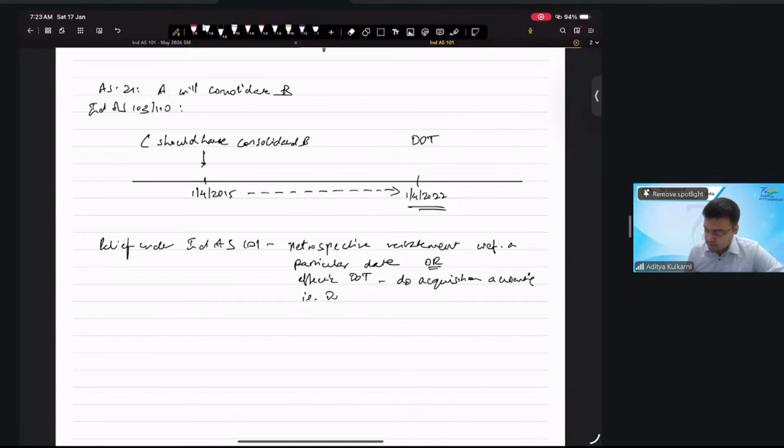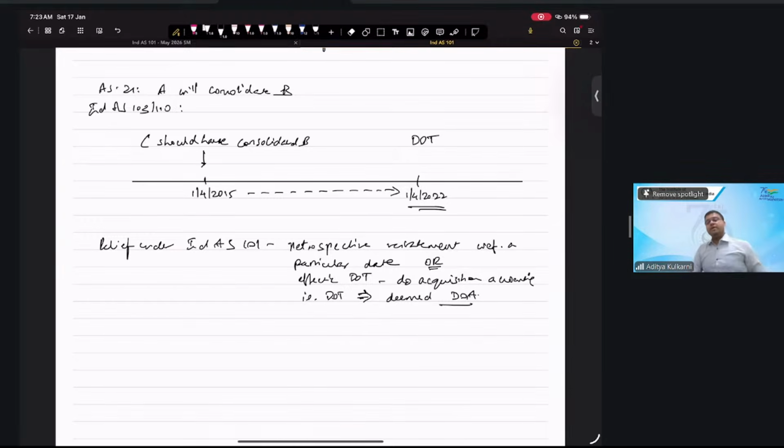That is, date of transition will be regarded as deemed date of acquisition. Are we okay with this? Yes. So for example, 1st April 2022 is my date of transition.